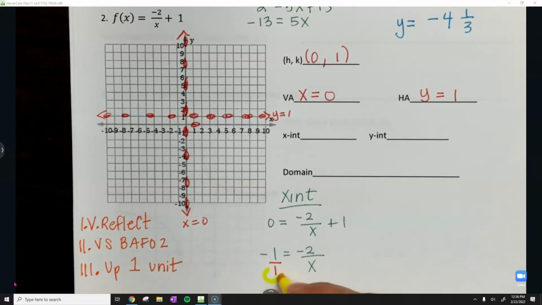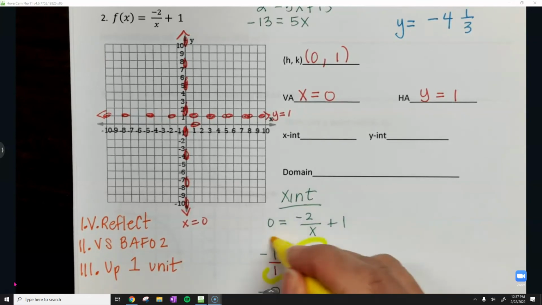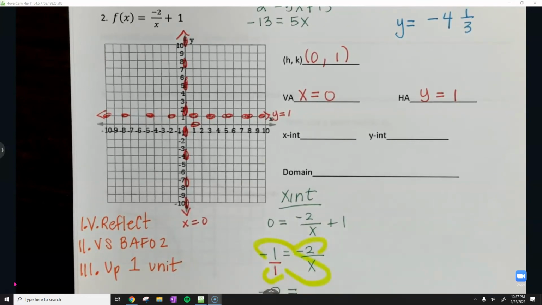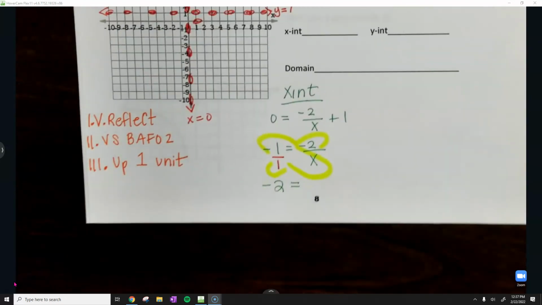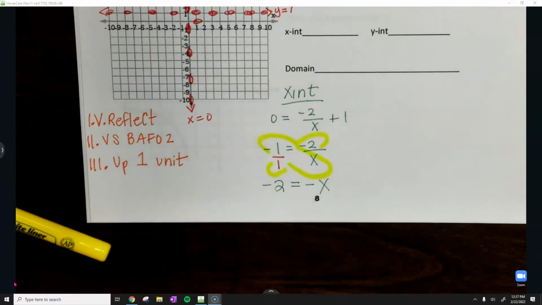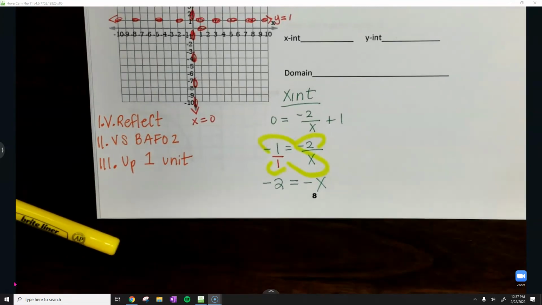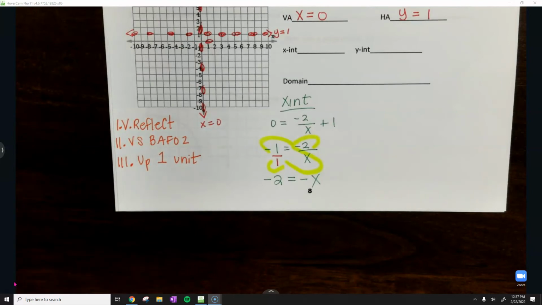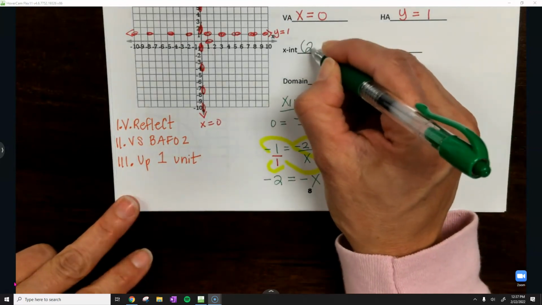So remember, we're going to do a 1 times that -2. And then we're going to do a -1 times that x. So again, guys, we get -x to equal -2. So our x-intercept's at a +2.